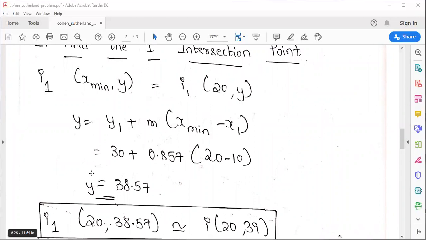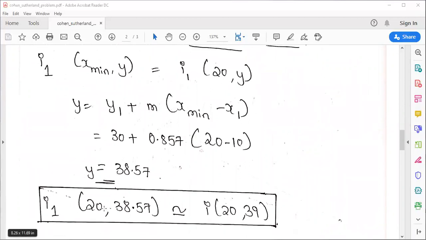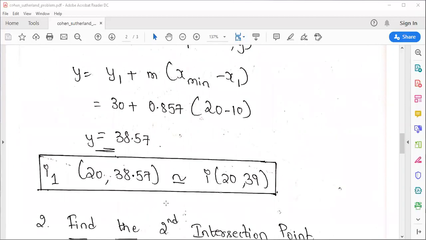So y is equal to 38.57. Therefore, the first intersection point, x min comma y, is 20 comma 38.57, which is nearly equal to I of 20 comma 39. This is the first intersection point.